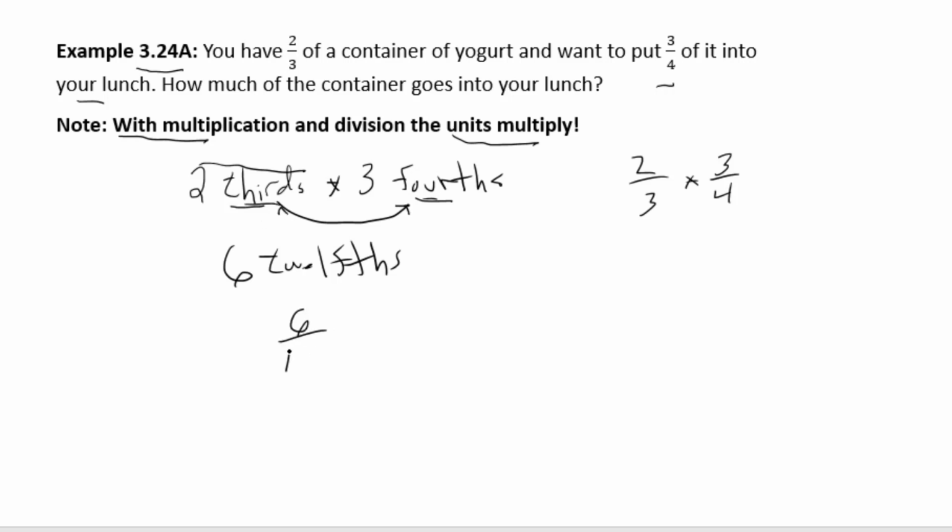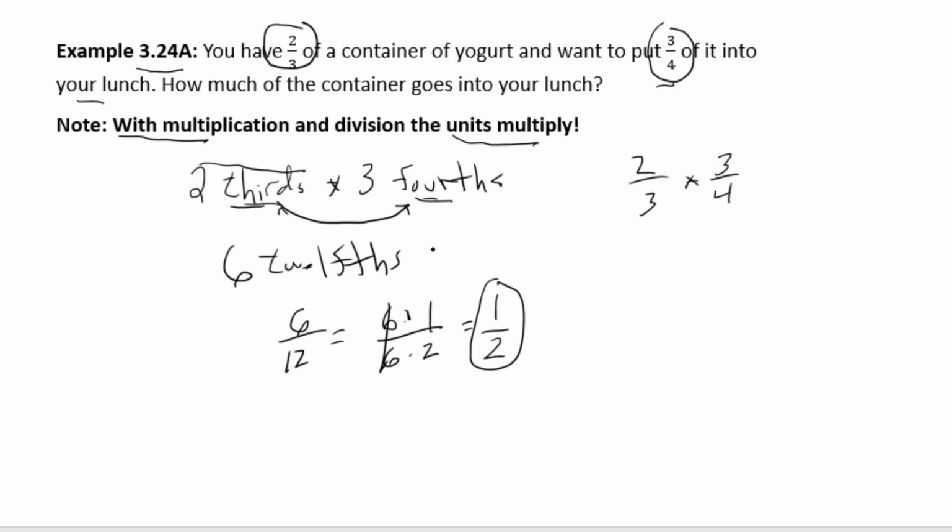So 6/12 can be reduced. 6 times 1 is 6. 6 times 2 is 12. The 6s cancel and it reduces to 1/2. So if you have 2/3 of a container of yogurt and you want to put 3/4 of it into your lunch, you're actually going to wind up with 1/2 of the container in your lunch.